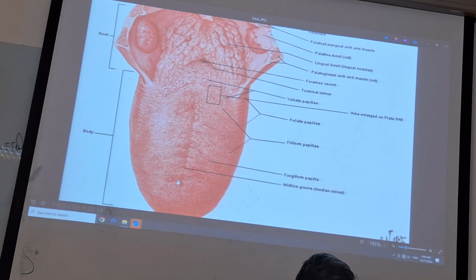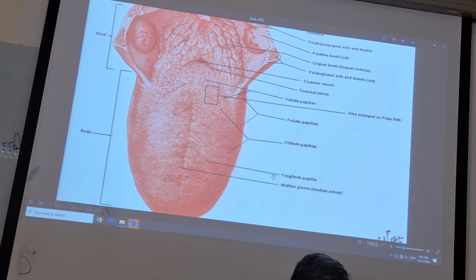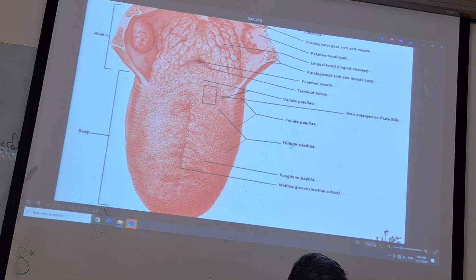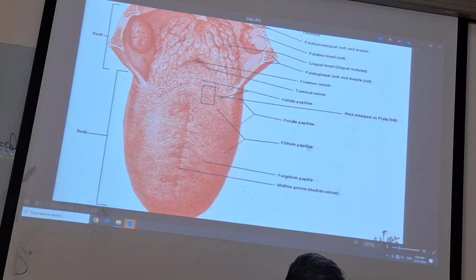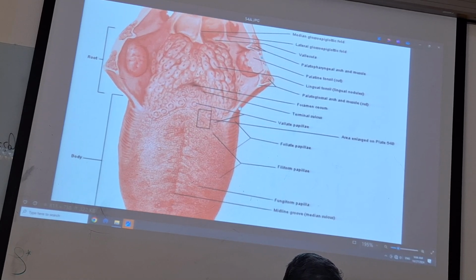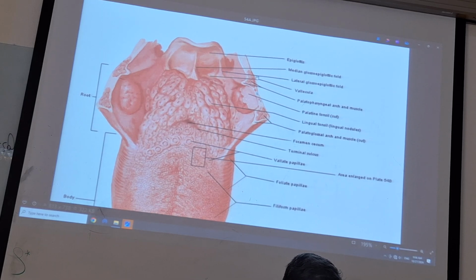Median groove, fungiform papilla, foliate papilla, filiform papilla, vallate or circumvallate papilla, and the root.